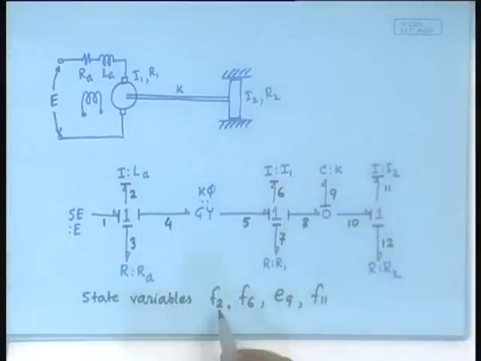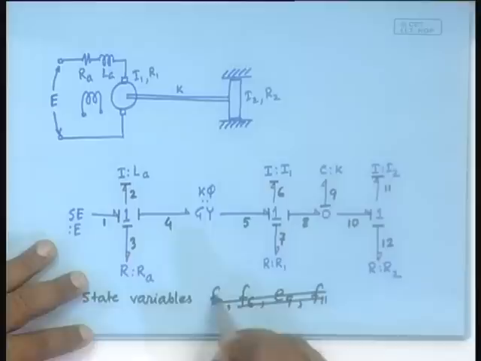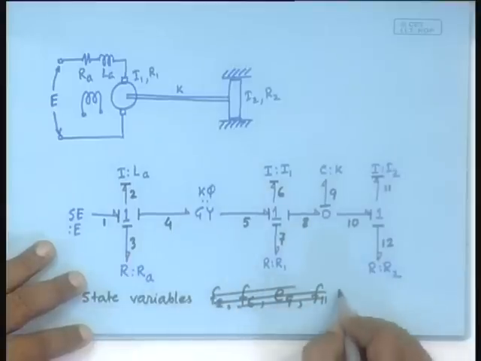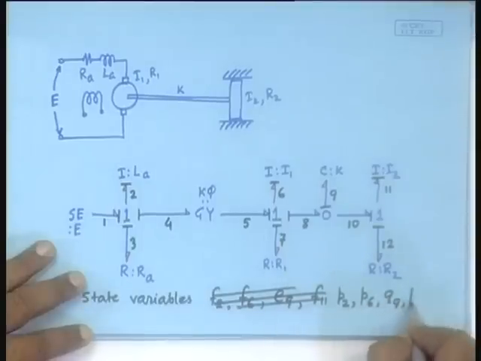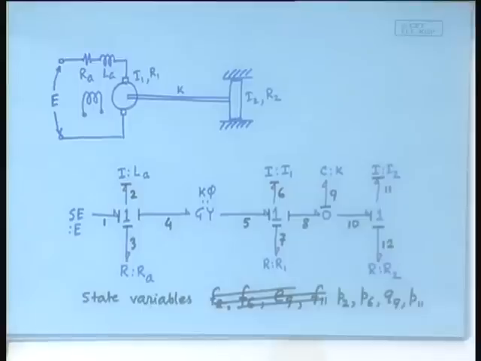Oh, sorry, no, those are wrong. The state variables are P2, P6, Q9 and P11. These are the state variables. Fine.